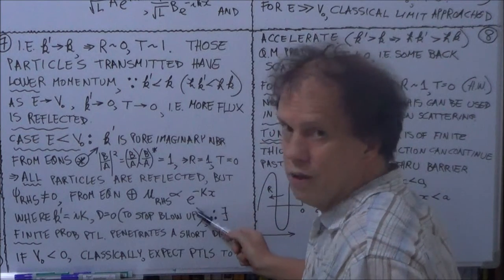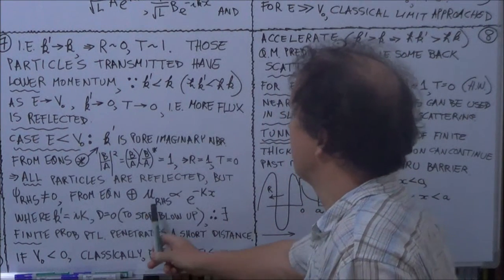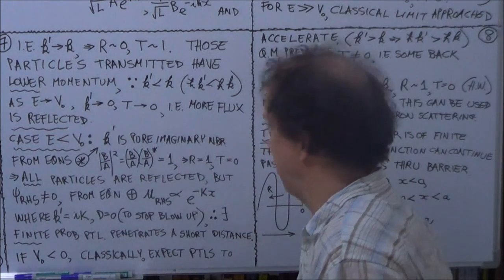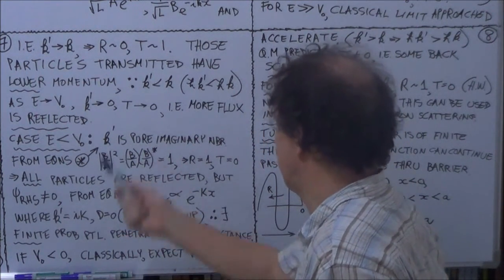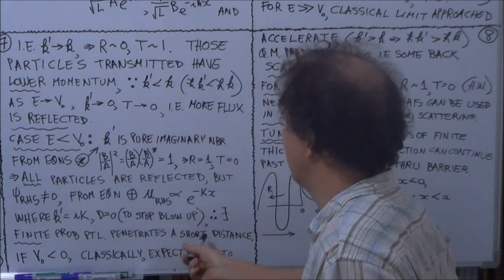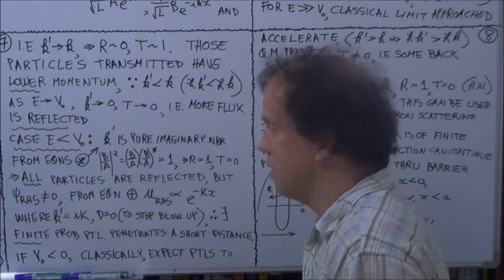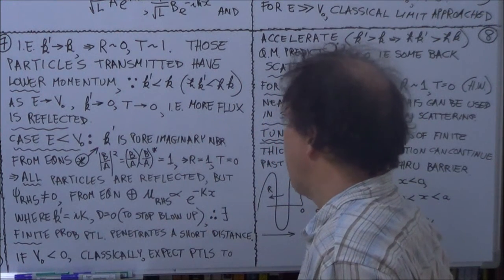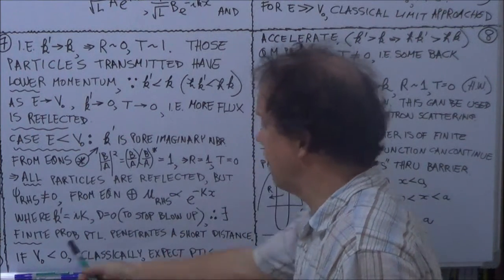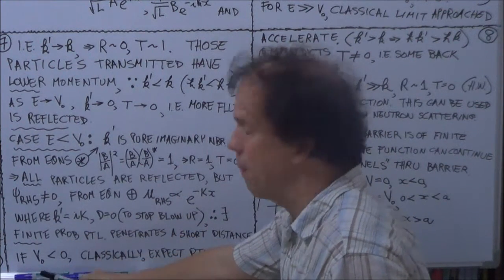It drops to zero very fast, but still, there is some of your wave function that exists to the right of the barrier. It decreases exponentially very fast. But that means the particle does penetrate a short distance into the barrier, so there is a finite probability that happens.